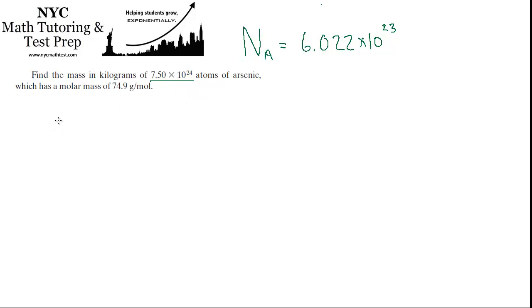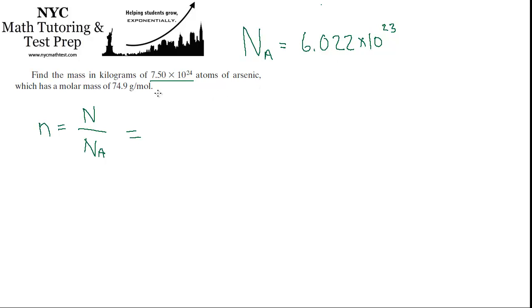So if you want to do this using an actual formula, you can say the number of moles equals the number of molecules or atoms that you have divided by Avogadro's number, the number of atoms in a mole. But really, even if you don't remember this, just think about the units.